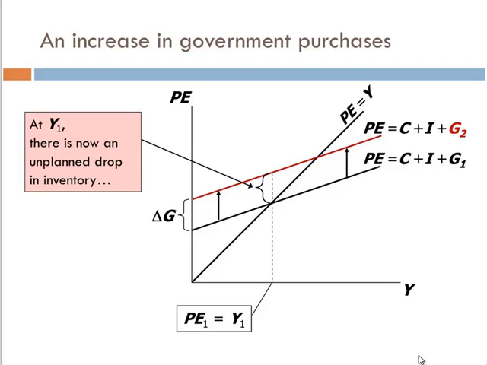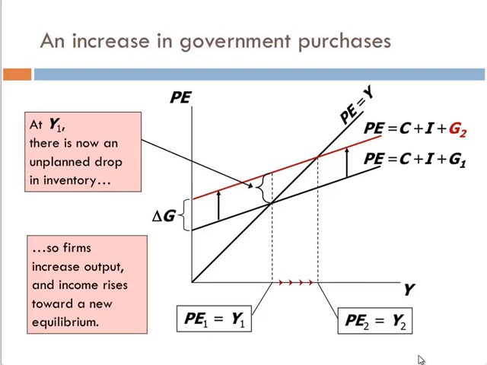And now, notice that y goes up by at least that much, but we have a multiplier effect, right? Because this is a sloped line, it's not a vertical line, so the actual increase in y is going to be more. The equilibrium output is going to be more than just the change in government spending.